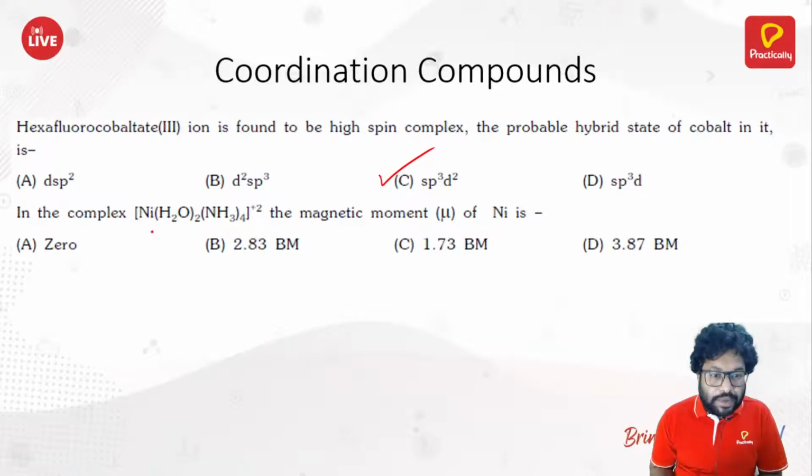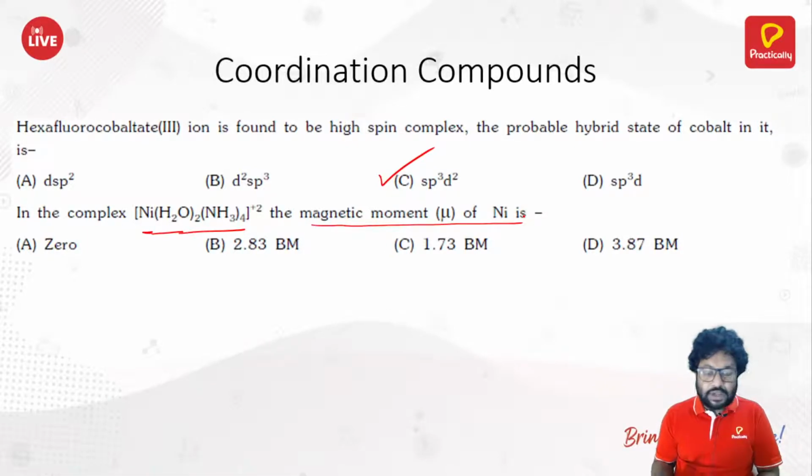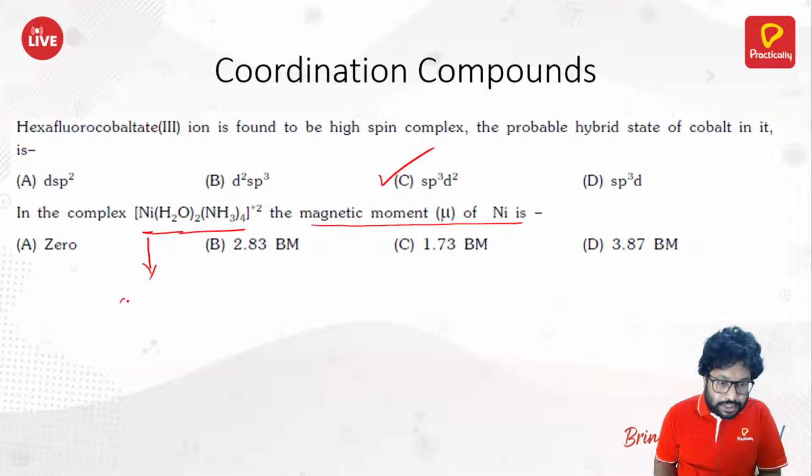Now, in the complex [Ni(H2O)2(NH3)4]2+, the magnetic moment of nickel is? Now for that we need to find out the oxidation state of nickel first. So if you draw this compound, the oxidation state of nickel is suppose x. H2O is a neutral ligand, so 0. Amine is a neutral ligand, so again 0, equal to the overall charge, which is +2.